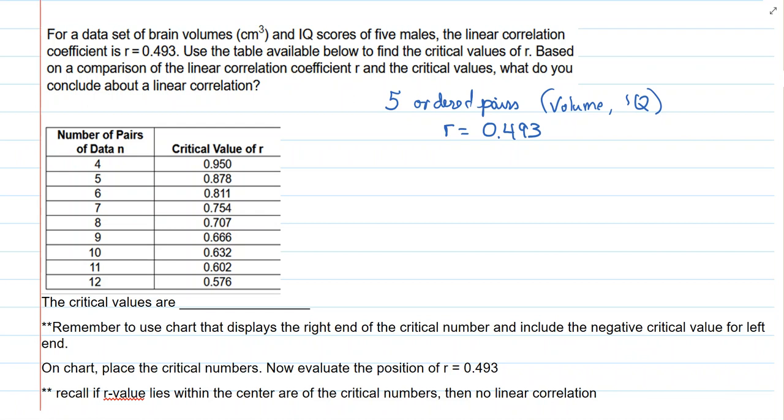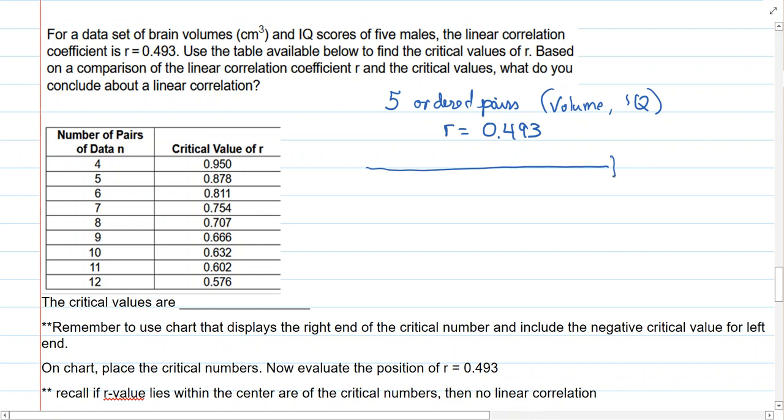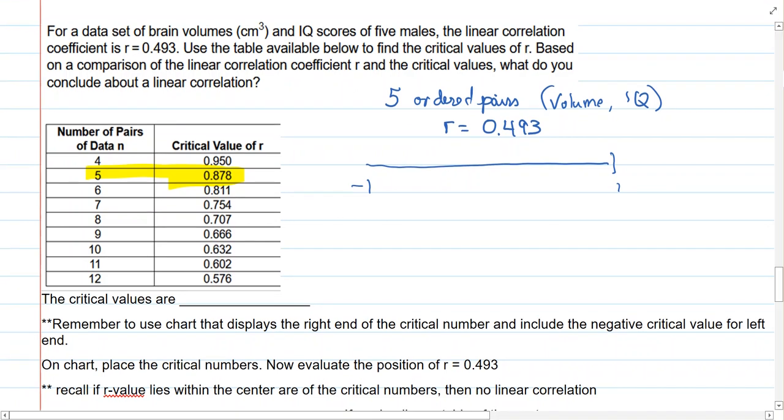All right. So let's talk about this. So we have our 1 and our -1, all right? And we know this is 5, so I'm looking at my chart at 5. And we have 878 thousandths. So in this case, we're saying plus or minus.